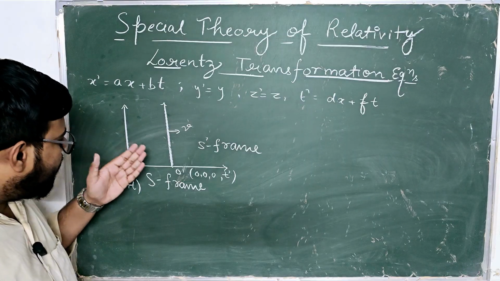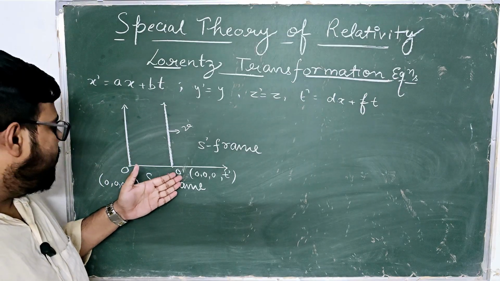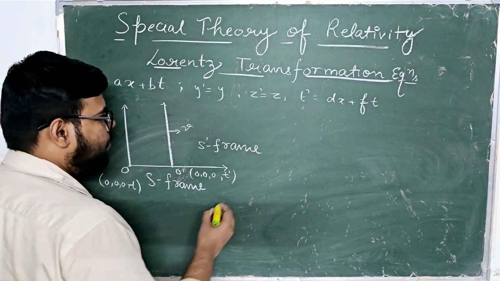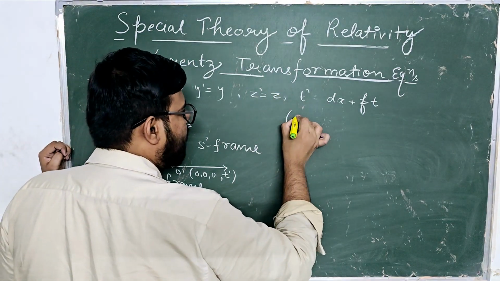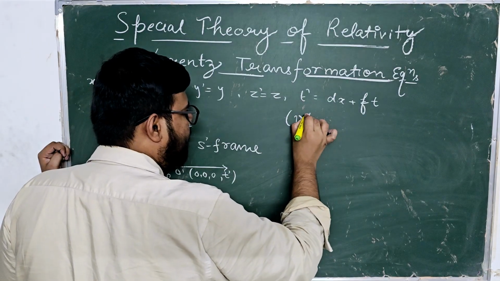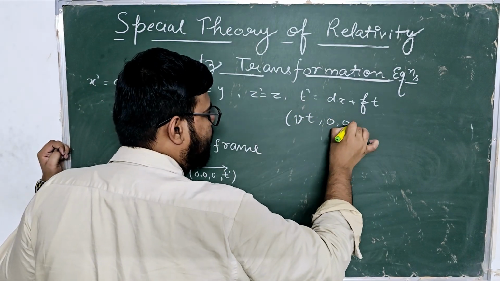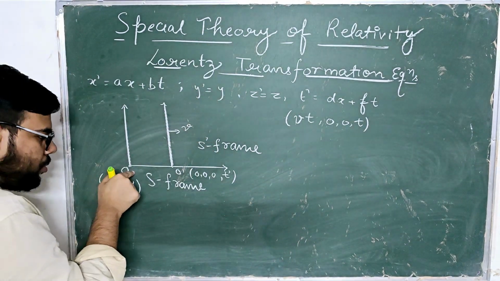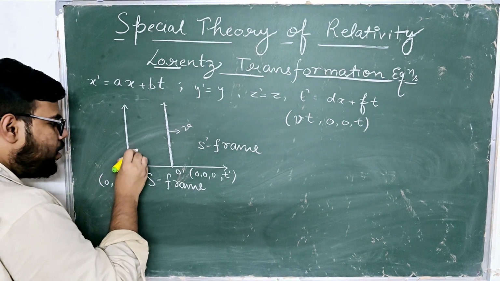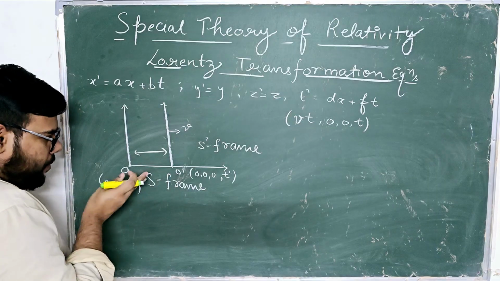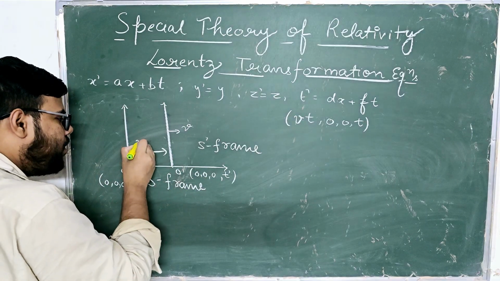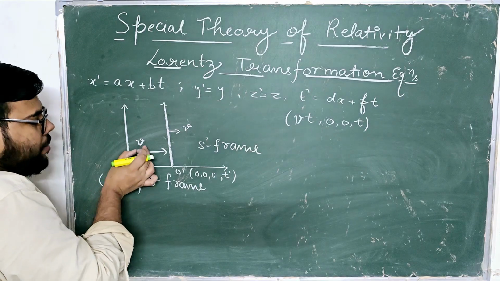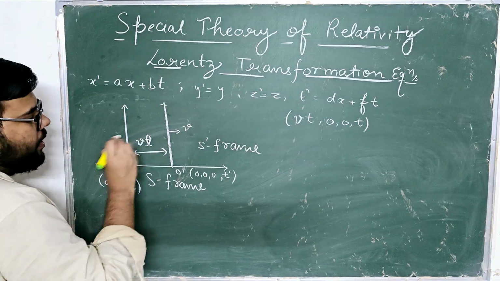Now what is the coordinate of O prime with respect to the S frame? It will be velocity times time, vt, 0, 0, t, right? Because with respect to this frame, O prime has moved with the velocity v, times the time in this frame which has elapsed, which is t.